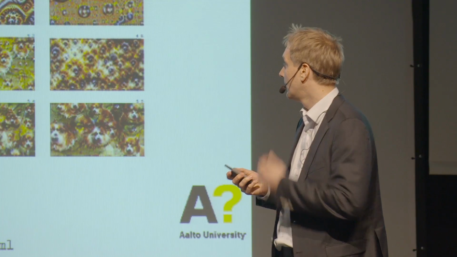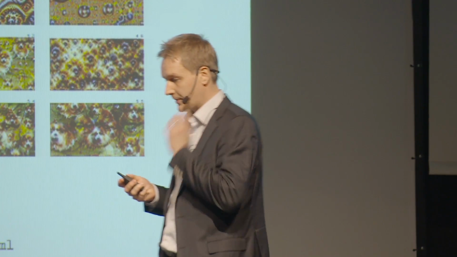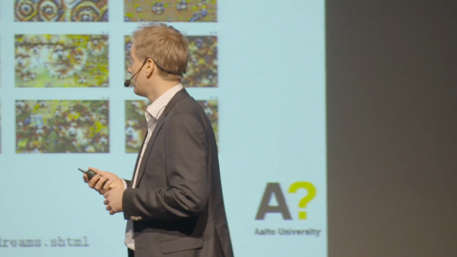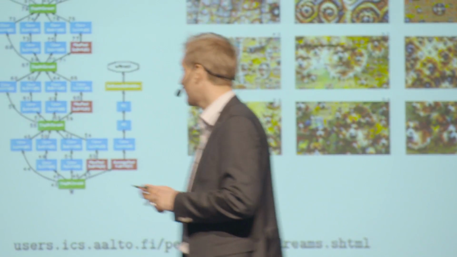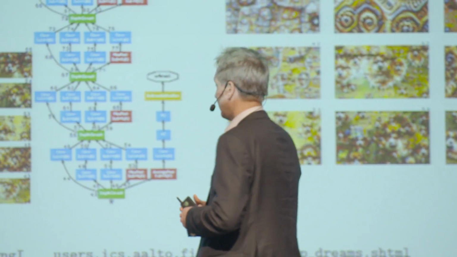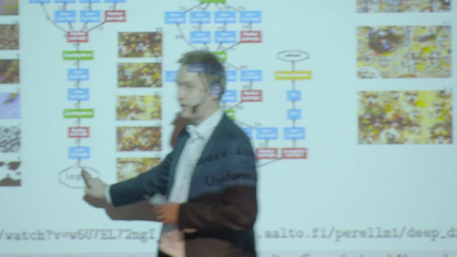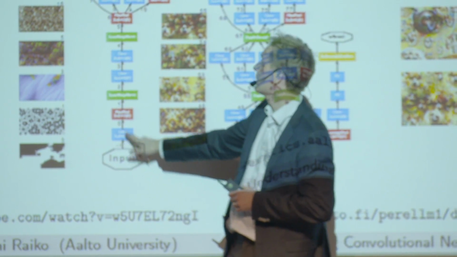And so here we take a really big network that was trained at Google with many layers. You put the input image here, and you work your way through all those layers. Blue color is for convolutional layers and so on.